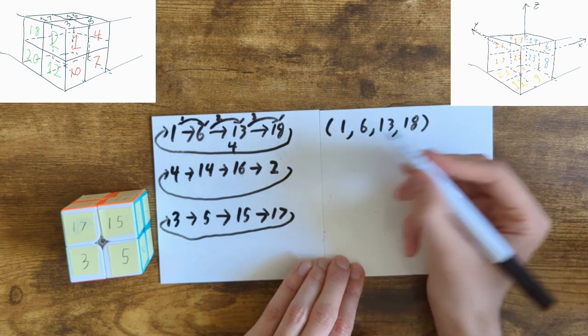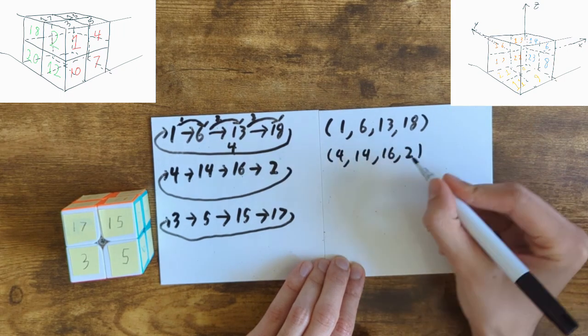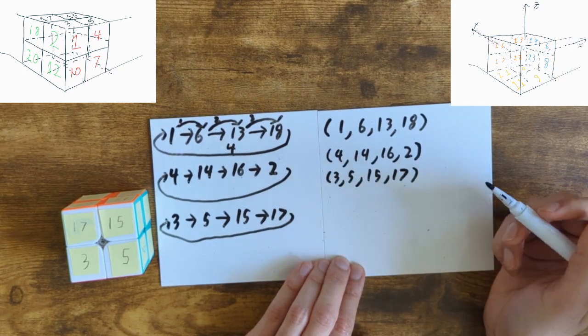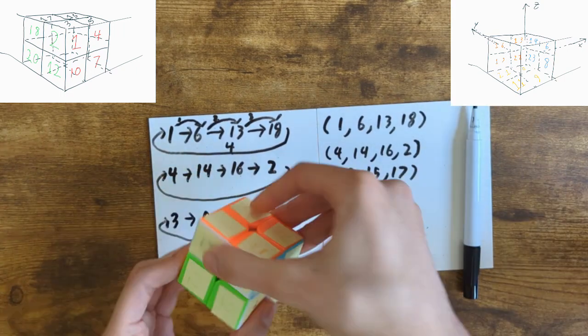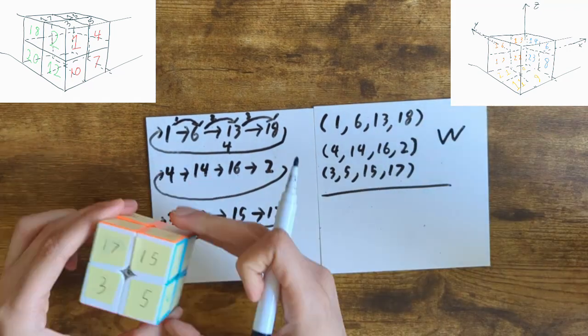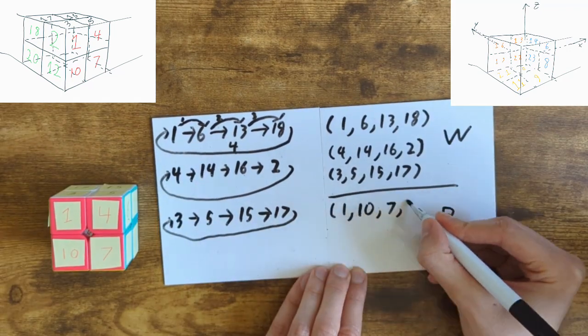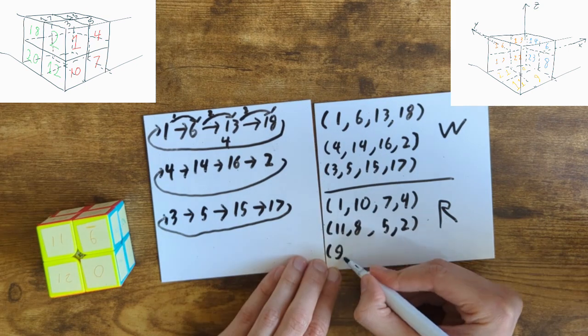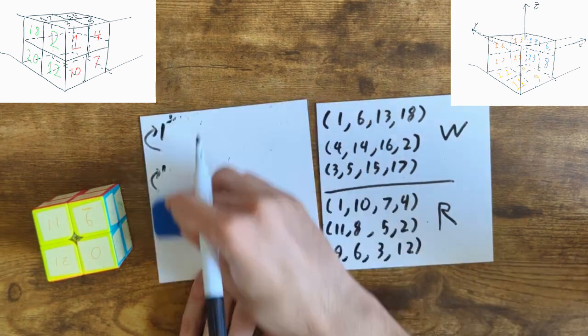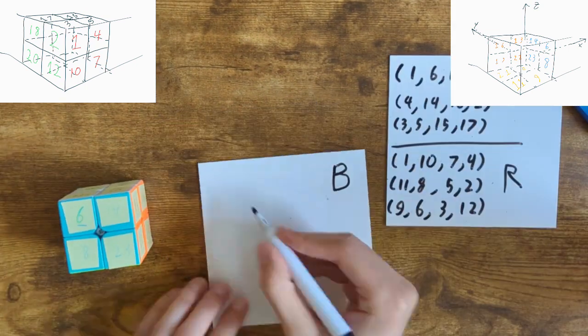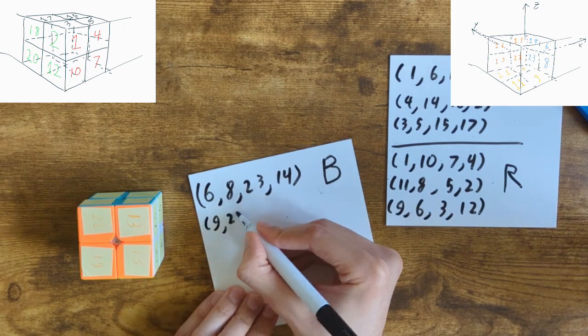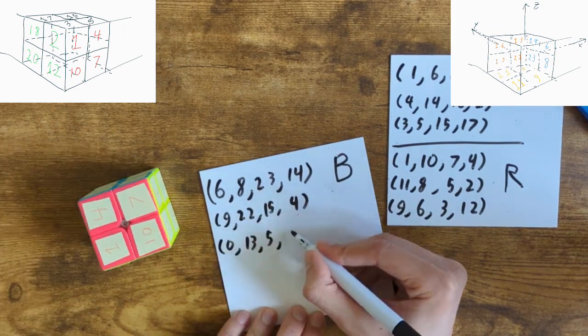And so then similarly we can write these 2 operations. And then we can name the turn as W for turning the white face a quarter turn counterclockwise. And then we can do a similar thing to define R, which is turning the red face a quarter turn counterclockwise, and B, which is turning the blue face a quarter turn counterclockwise.